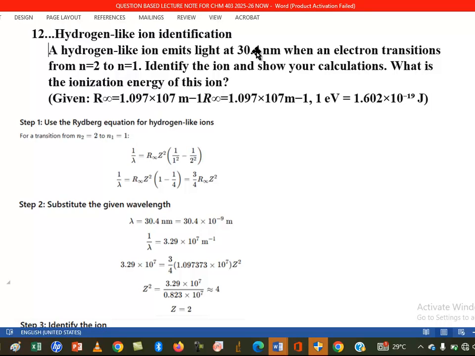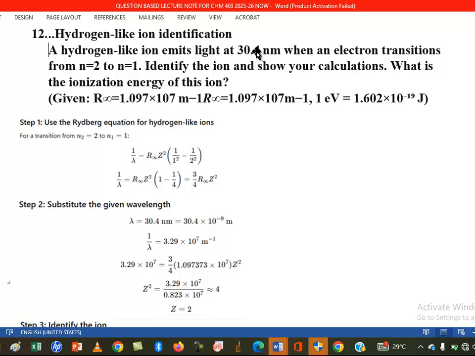So if that is the case, then we can say 1 over lambda is equal to 3.29 times 10 raised to the power 7 per meter. So we are inverting it: what you have just done is 1 over that value.